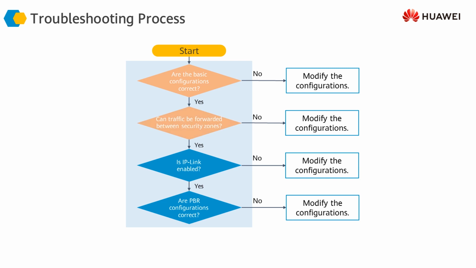Then we have to see that the traffic can be forwarded between security zones, which means that the security policy implementation is correct. Then we should be checking the IP link configuration, and finally we should be checking the policy based routing configuration on our firewall. Once all this is done, our PBR configuration should work on our firewall and traffic should be forwarded through different ISPs based on our policy requirements.